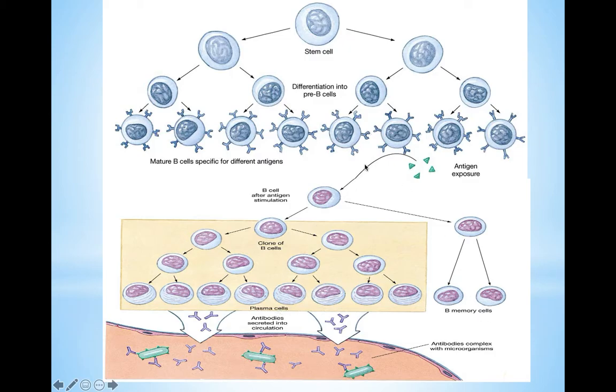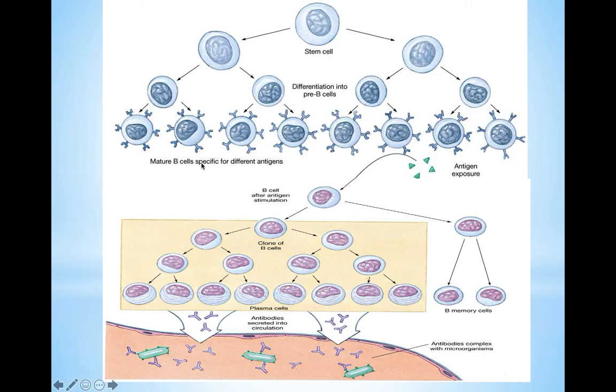So if you're going to trace the maturation history, from the stem cell, you really expect a dedicated pool of cells to differentiate into pre-B cells. Then you will have your antigen-specific B cells that have matured, considered still naive, but still without activation because antigens are not yet present.